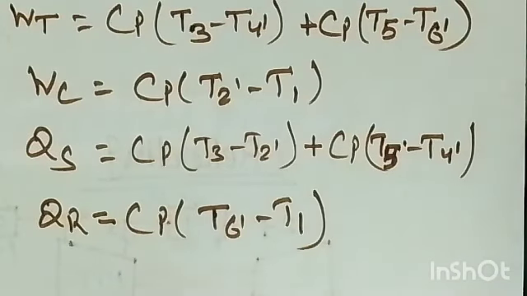So these are the three methods which we have learned today: regeneration, reheating, and intercooling. Regeneration is nothing but the reutilization of the exhaust gases leaving the turbine, and by doing this you can reduce the consumption of fuel, right? Intercooling is the method of splitting the compressor work in two stages, by using a low pressure compressor and a high pressure compressor.